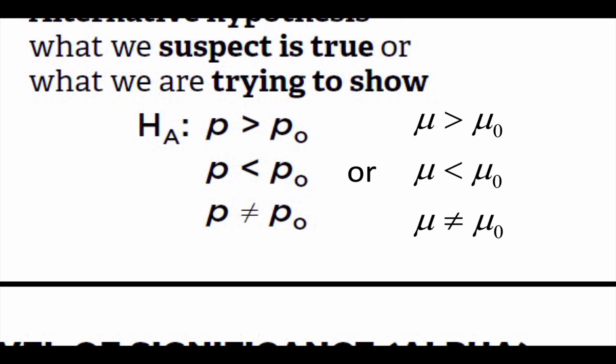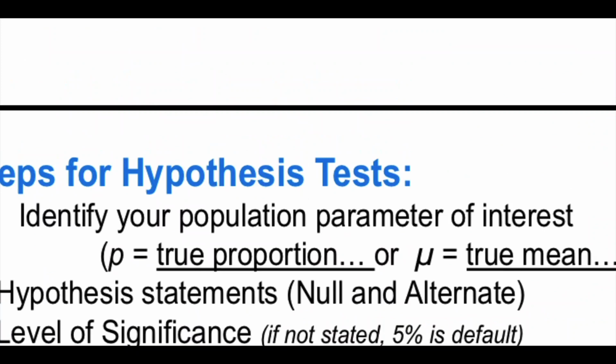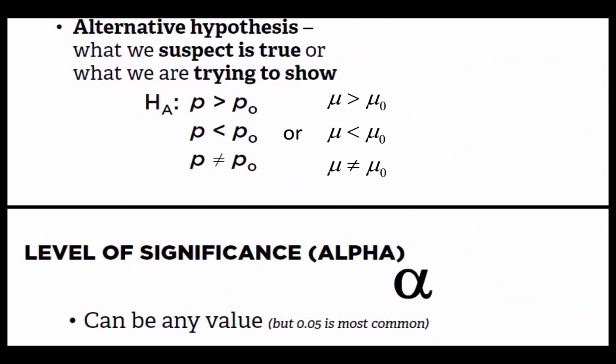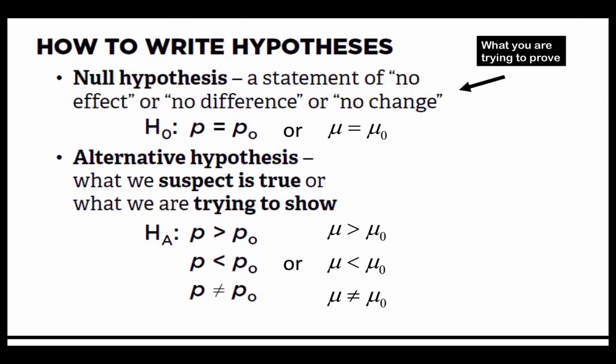It is the safest play, but it's the hardest one to meet your burden, right? It's called a double-sided, two-tail test, and it's harder to prove them wrong. But yeah, it would be the safest way to go sometimes.